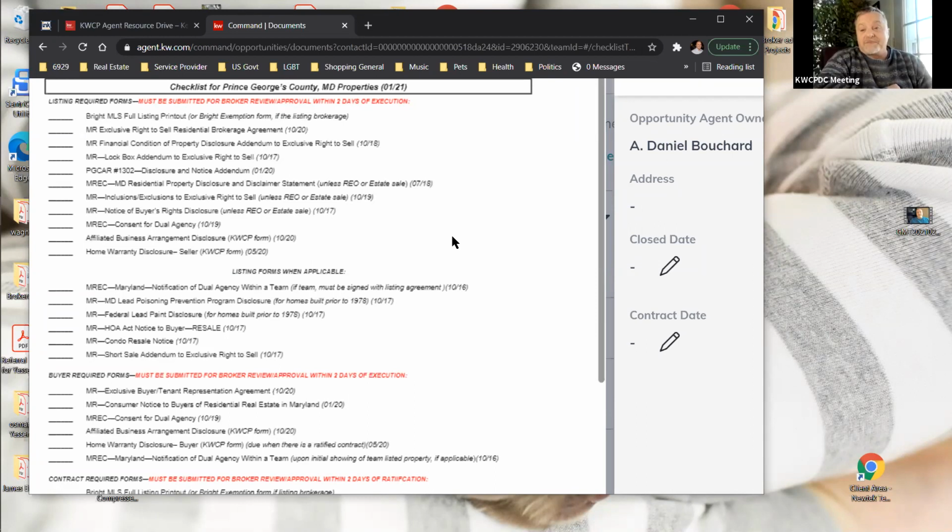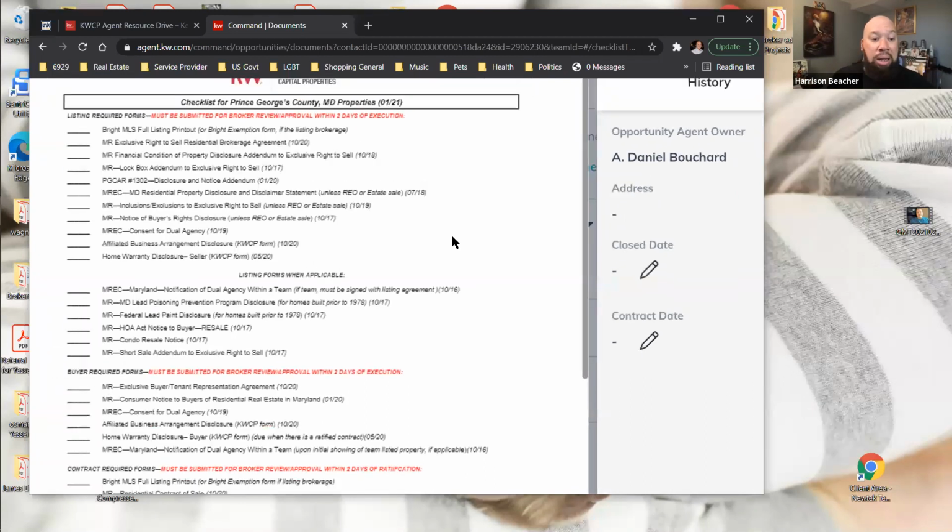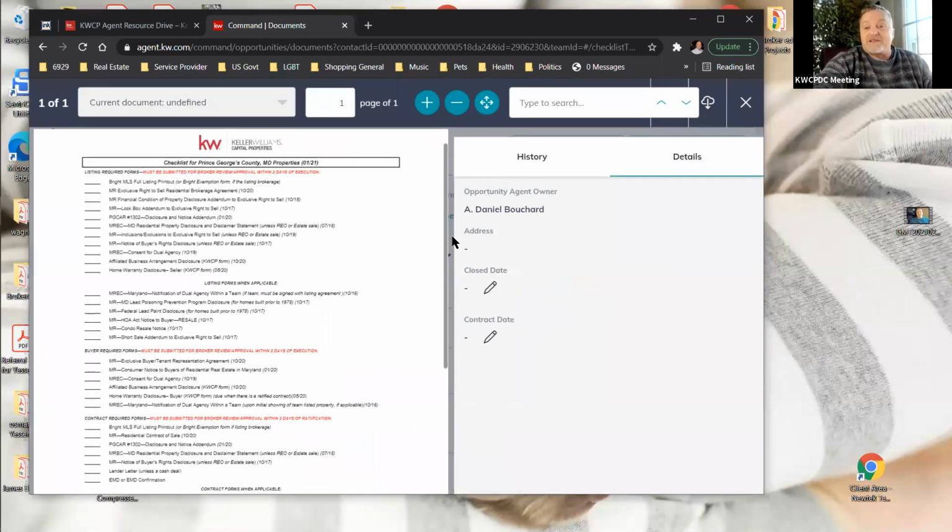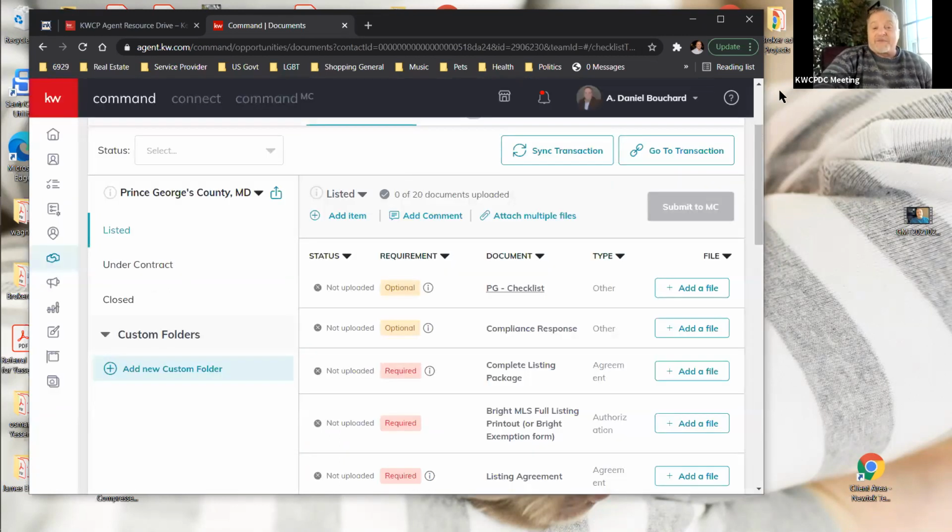The better prepared you are to submit it up front, the more time it saves you from chasing signatures later and being delayed on getting commissions dispersed at the end. That's why this checklist is really important. Exactly. And it's a bummer to have your file rejected by Melinda. It's frustrating. All right, so that's where the checklist lives.